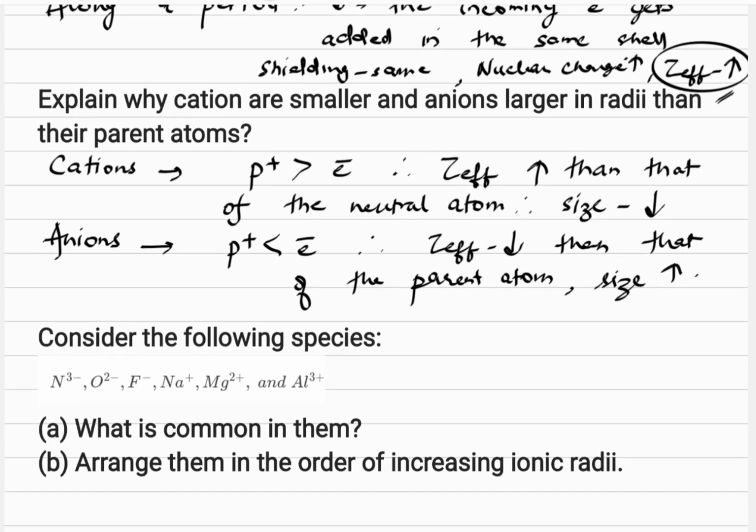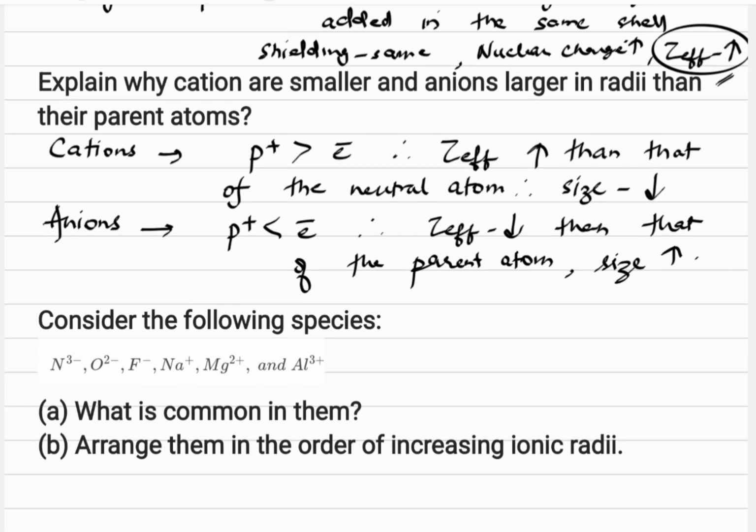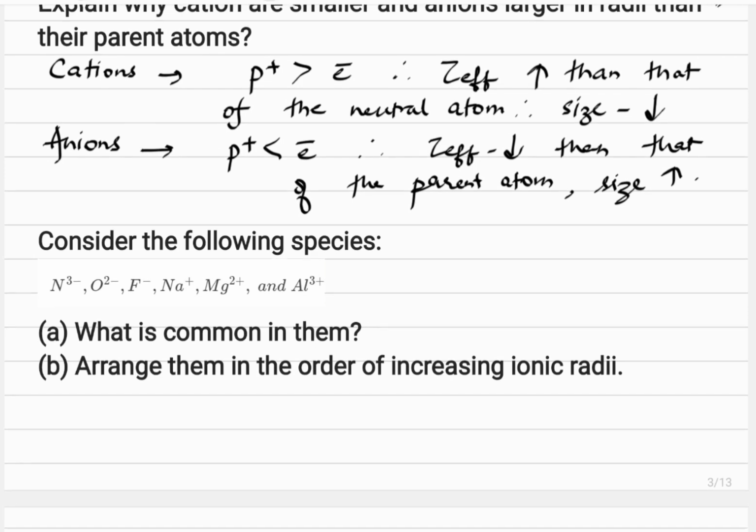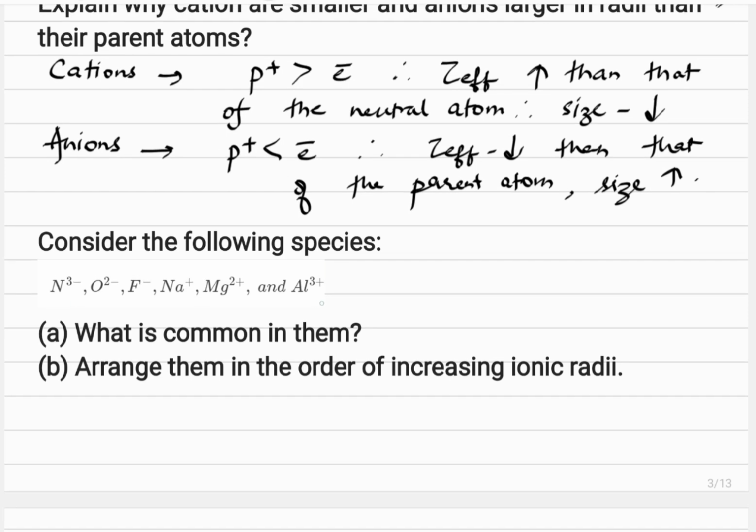The next question from this topic can be asked. You may be given certain ions and you have to find what's common in them. In this question, these are the ions that are given: nitride, oxide, fluoride, sodium cation, magnesium cation, and aluminium cation. So what is common in all of them? Nitrogen, 7 electrons plus 3 more, total number of electrons is 10. Oxygen, 8 electrons plus 2 more, 10.